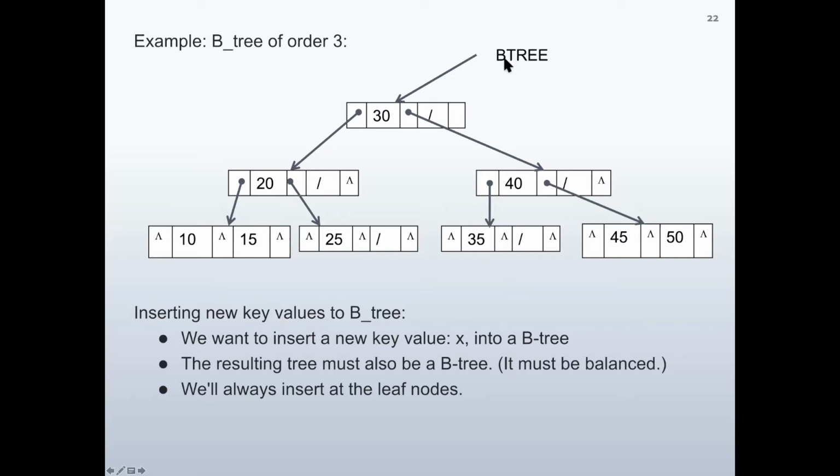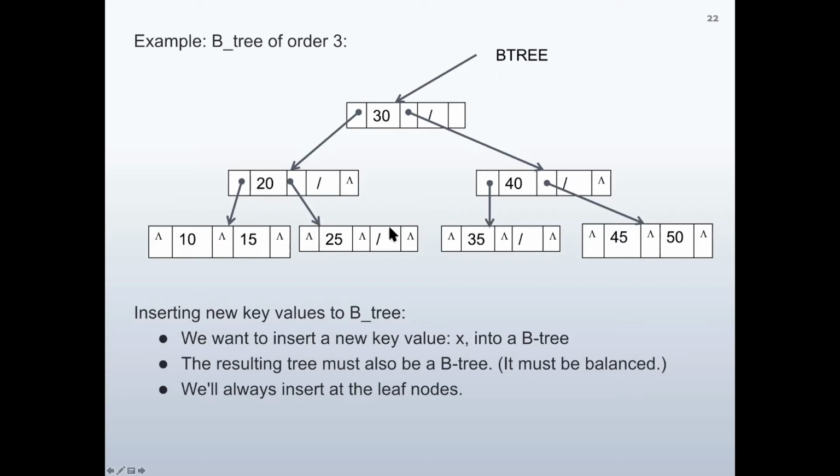This is the pointer pointing to the root of the B-tree. Here a single key value is stored. Just to the left and right of the key value, we have pointers pointing to other nodes. In this node, the key value 20 is stored and it is less than 30. We have two non-empty link fields around this key value. The left one is pointing to a node having key values 10 and 15, which are less than 20.